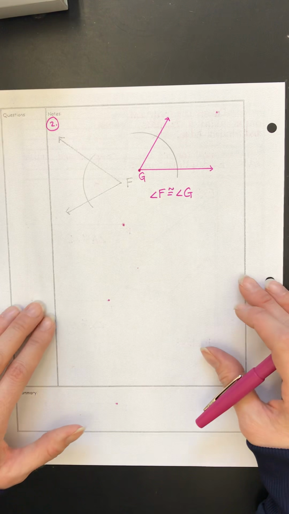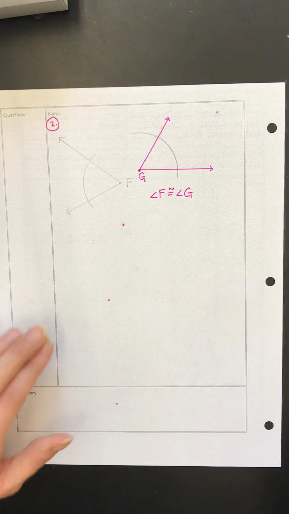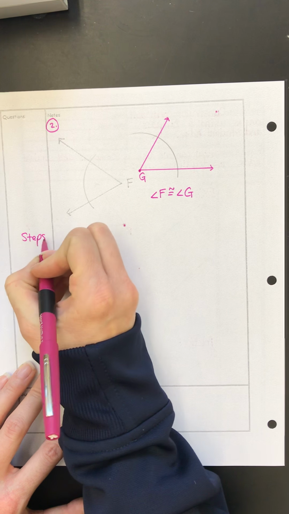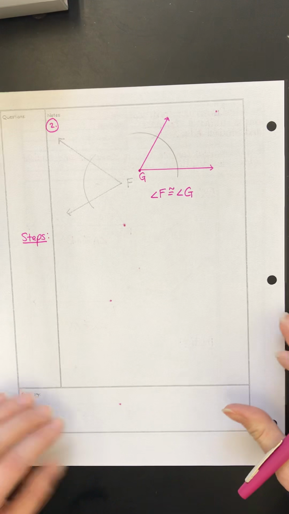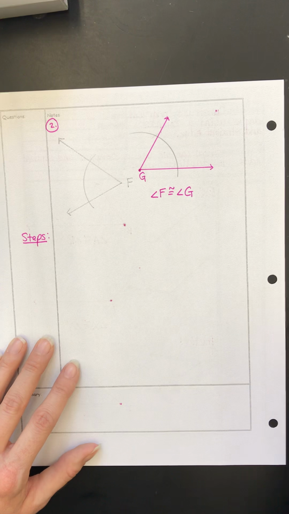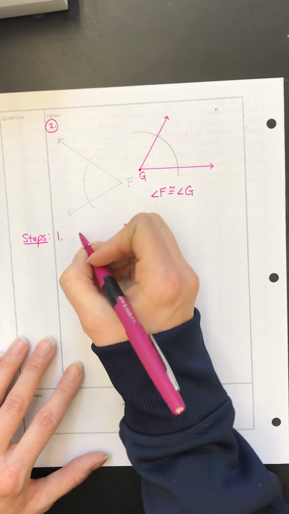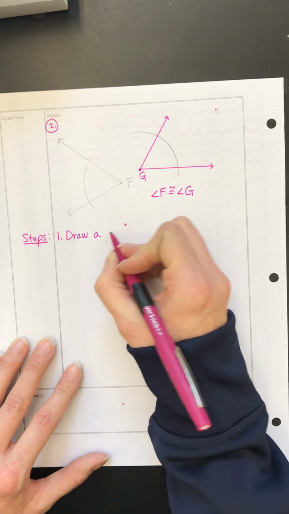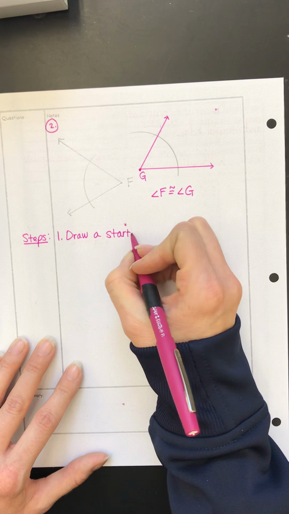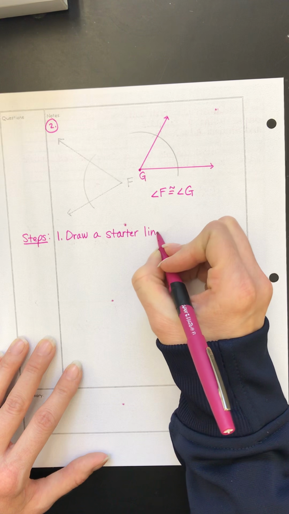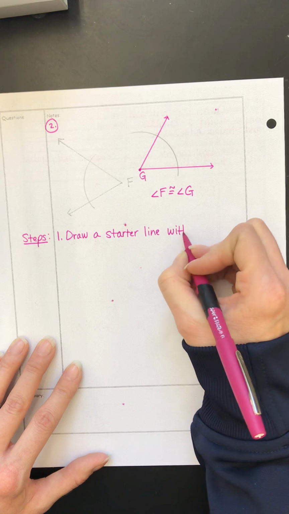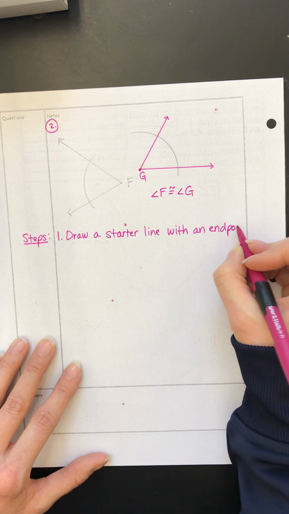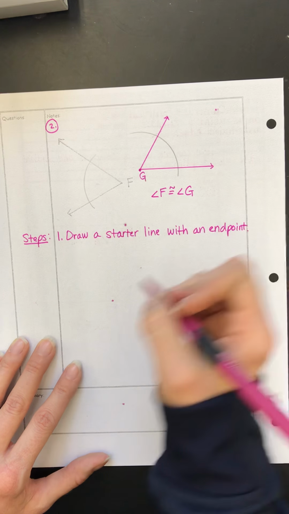Okay, now what I want to do is write the steps. So go ahead and write steps here just in case you forget between now and your quiz and test. You can come back and read the steps and know how to do it. Step 1 was draw a starter line with an end point.